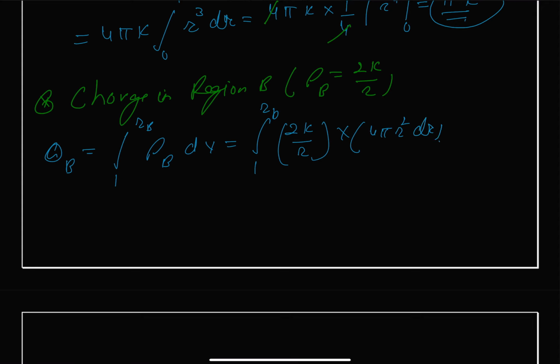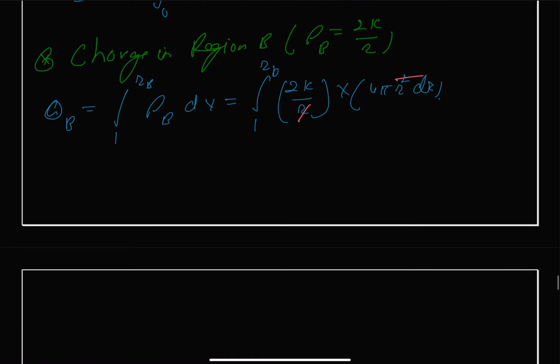r goes with this r square, and we can take common, will be coming as 8 pi k, and integration of 1 to RB, and we have this r dr, and this will be coming as r square by 2. So we get this as 8 pi k divided by 2, and multiplied by r square, 1 to RB are the limits.